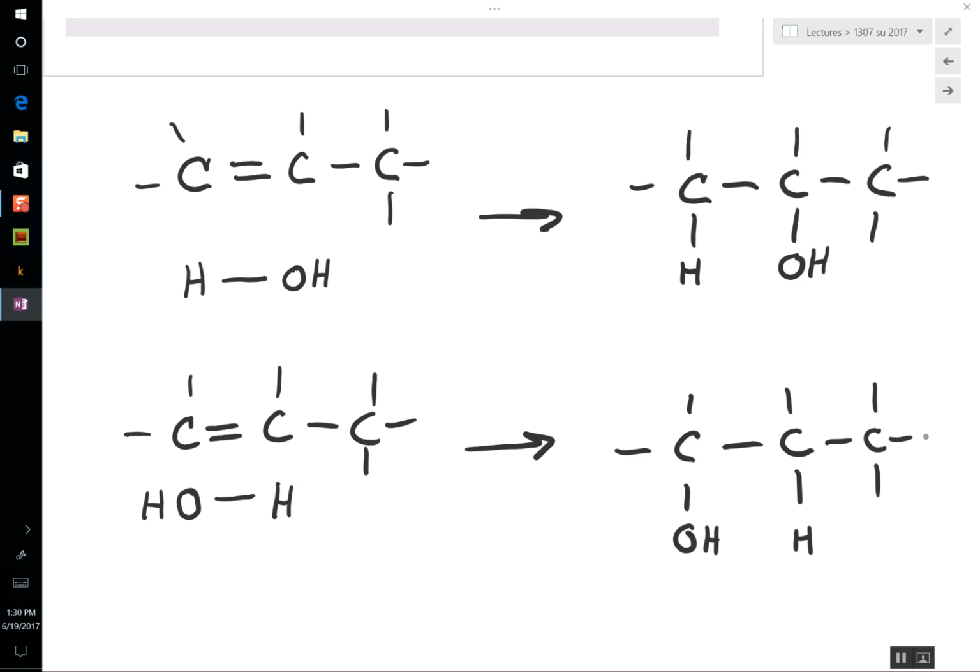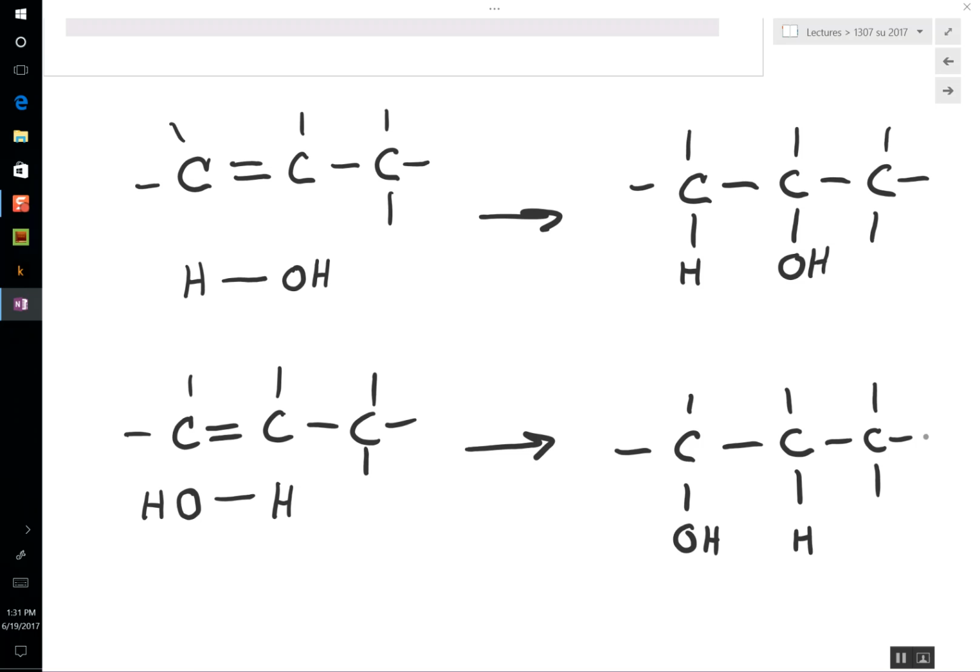Let's name these. You can't name them because you haven't gotten into chapter 12 yet. That's right, you can't name these. So these are alcohols. The hydration of an alkene produces an alcohol. So although we're in chapter 11, you're dipping your toe now into chapter 12, because this is one way of making an alcohol, by the hydration of an alkene.